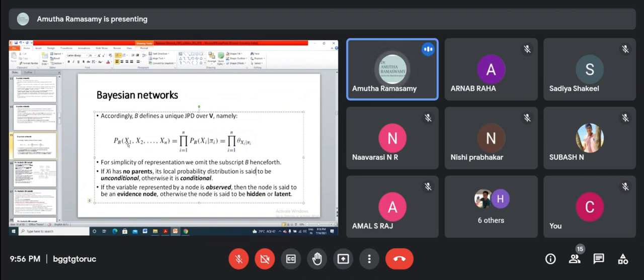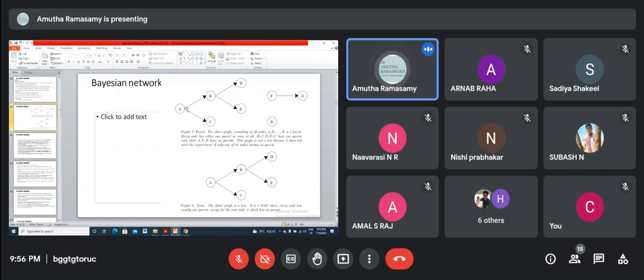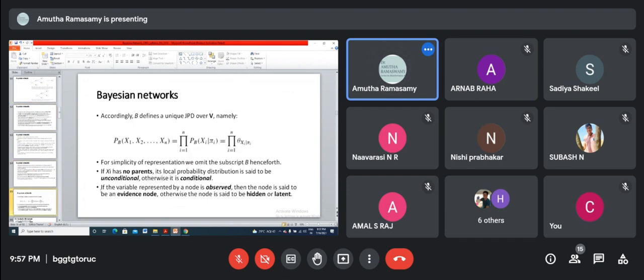So you have variables x1, x2, up to xn. If xi has no parents, its local probability distribution is said to be unconditional, because only if you have a parent can it be conditional. Otherwise, if you have a parent, it is conditional.